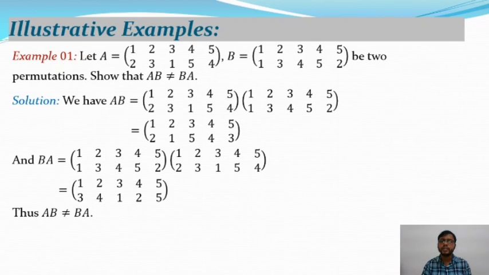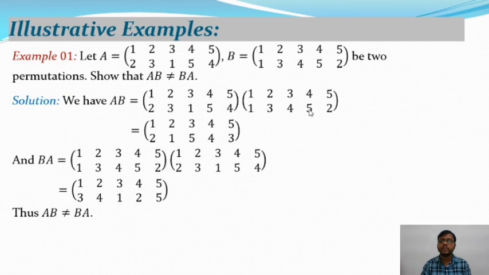Now move on to the third element, that means 3 goes to 4. From this we get, in the first permutation, 4 goes to 5. That means it implies 3 goes to 5. Now move on to the fourth element, that means 4 goes to 5.